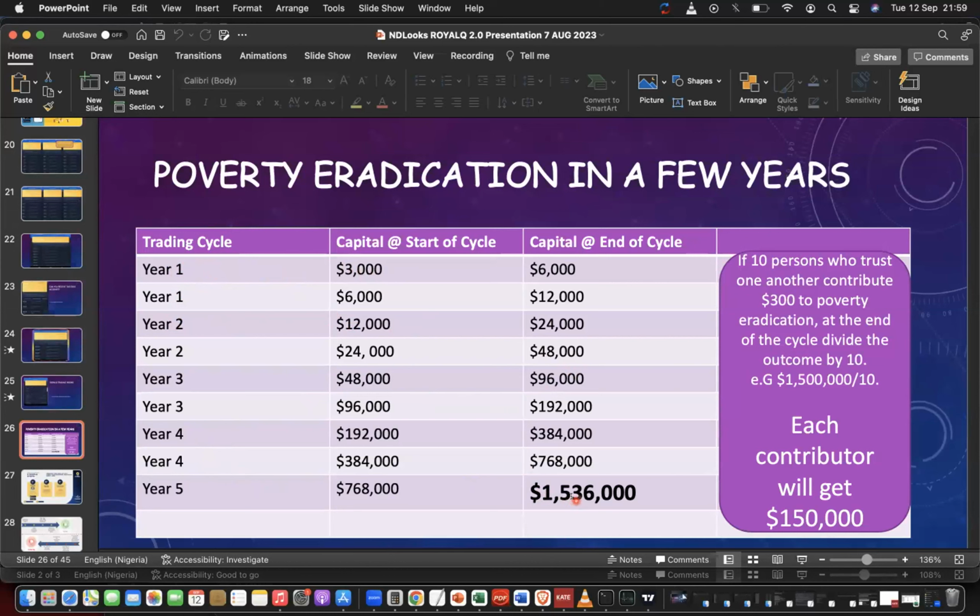And this is all the while just passively, not giving yourself headache about trading volatile coins. So a person can say, oh, I'm going to retire in 10 years, and I have not saved in my entire life. How can I generate $1 million for my old age? The answer, RoyalQ.